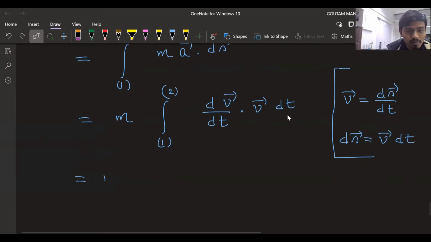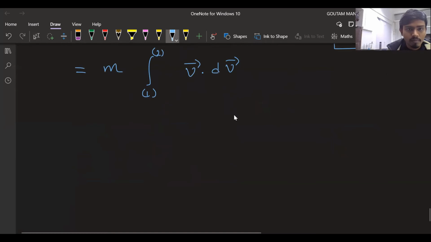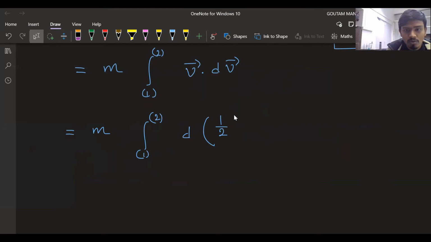This means m, from point 1 to point 2, we get v dot dv, which is basically m from point 1 to point 2 of d of (1/2 v dot v).